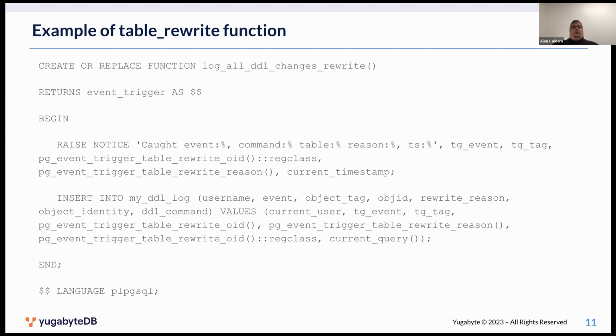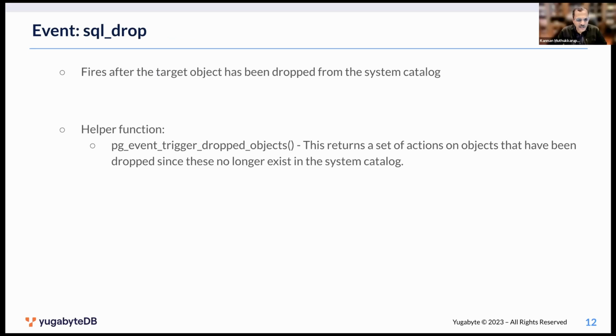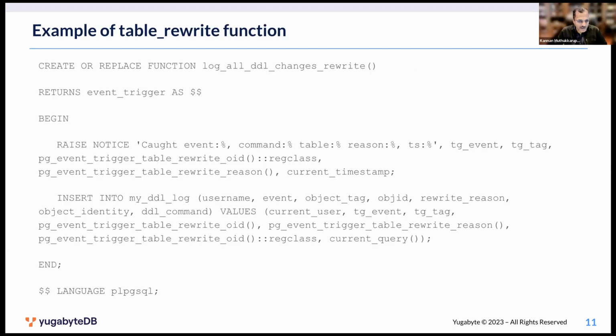Okay. So this is just an example of where we would use the two scalars to give us some additional logging in this case. And I think you're creating the stored procedure like log all DDL changes, right? Yeah.